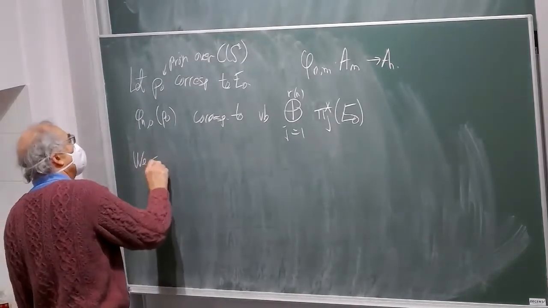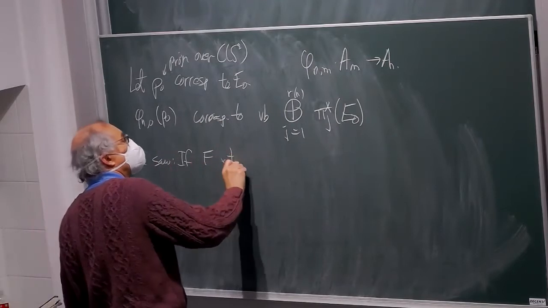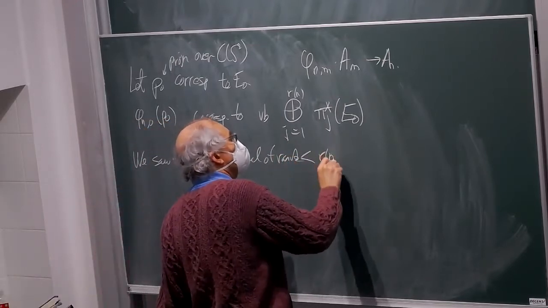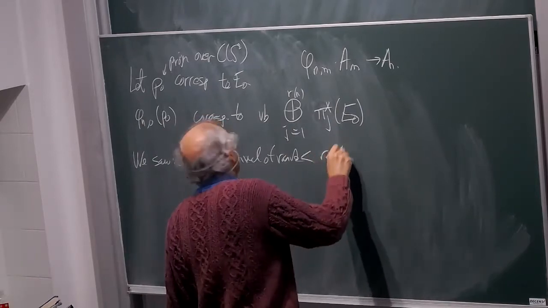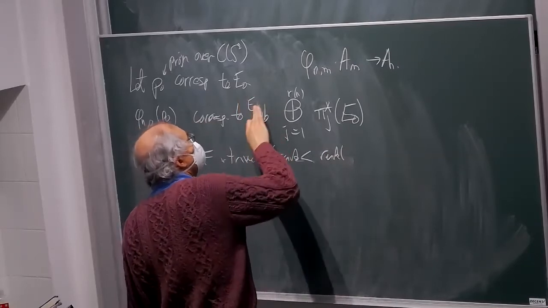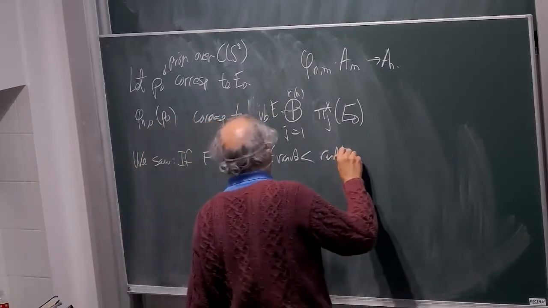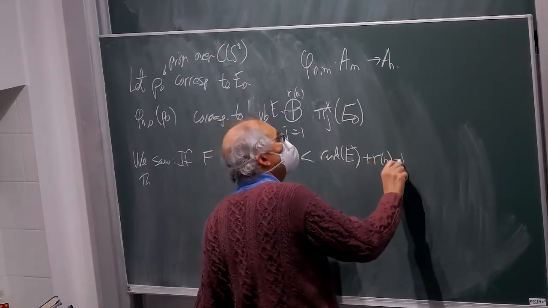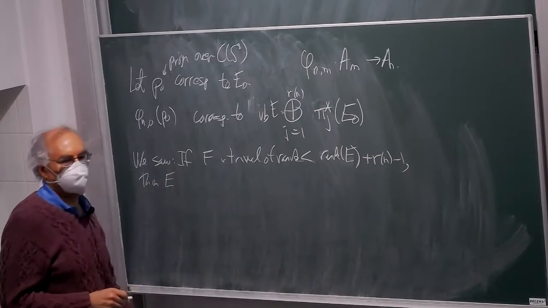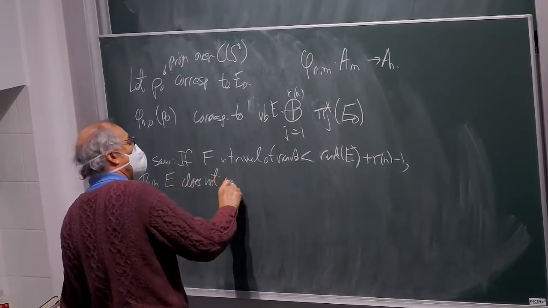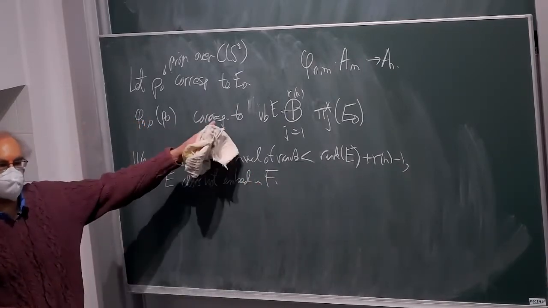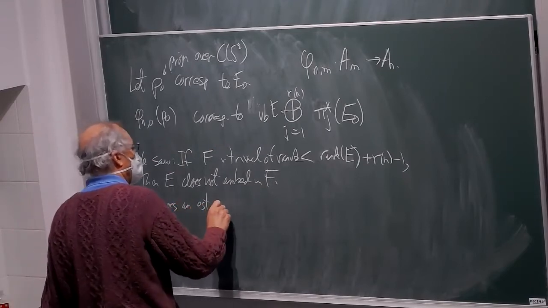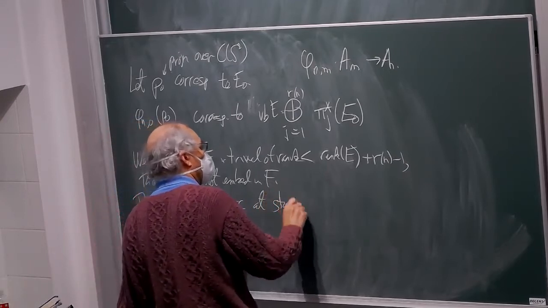And we saw, if F is trivial, F rank less than, so sorry, less than rank of, let's say, E. Less than rank of E, then, oh sorry, plus R of n minus 1, then E does not embed in F. But because I've taken matrix algebras, I have to divide by the matrix size. At stage n, I have to divide by R of n.